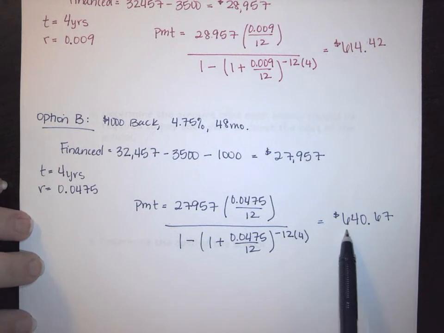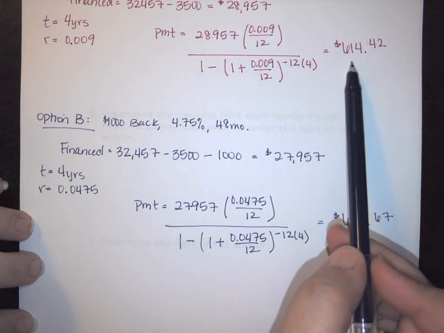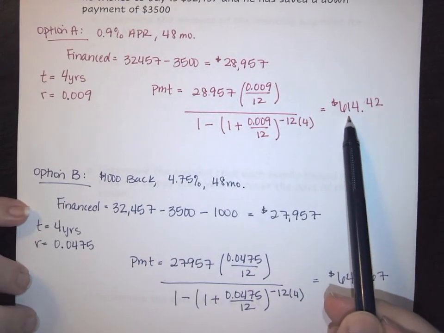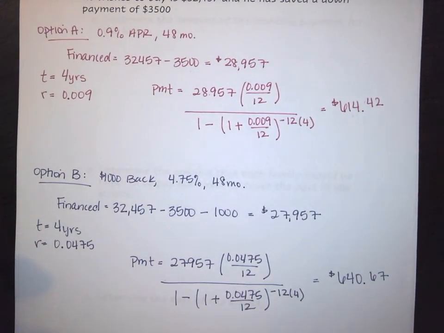So notice my option B, I have a monthly payment of $640, whereas option A has a monthly payment of $614.